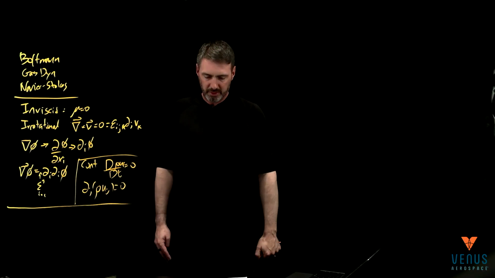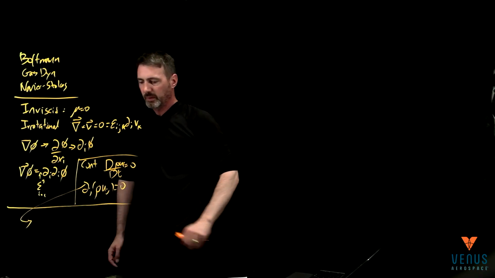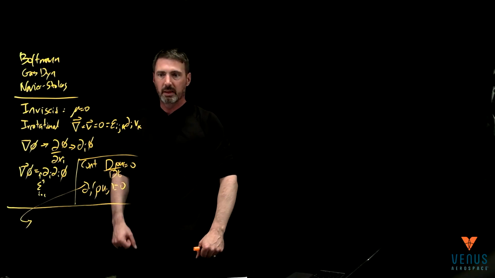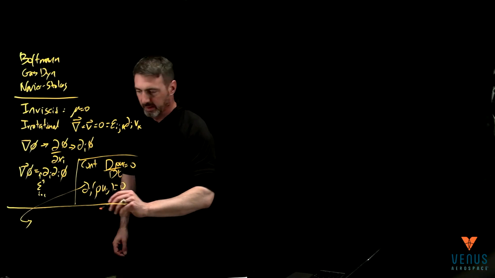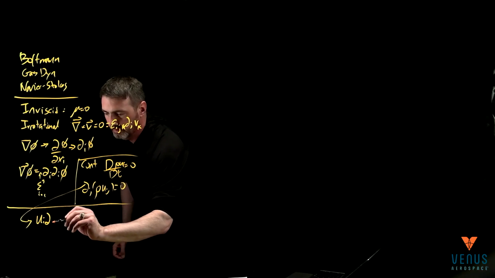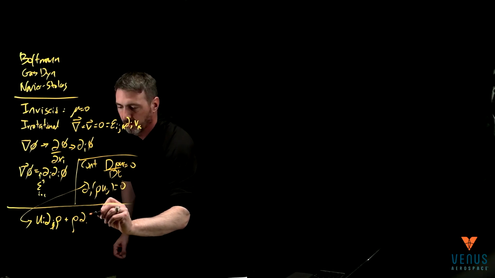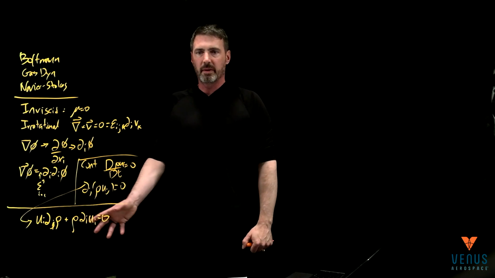I know I drew a line there, but come down here and I'll finish it out. I'm just going to chain rule this. And so the final part is u_i del_i of rho plus rho del_i u_i is equal to 0. Okay, so that's continuity. That's going to come back here in a second.